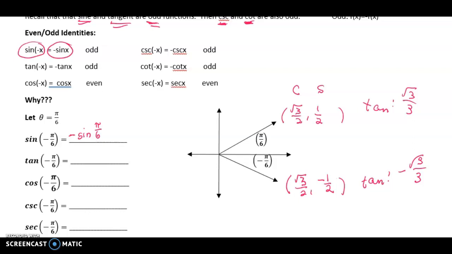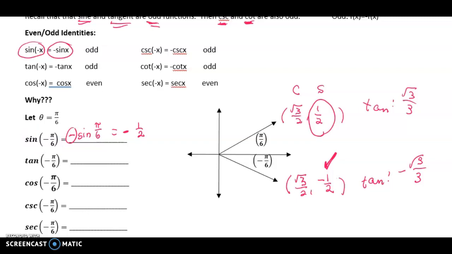So if I find the sine of positive pi over 6, it is 1/2. And if I put the negative in front, it's negative 1/2. So let's see if that worked. What is the sine of negative pi over 6? It is negative 1/2. So that does work.